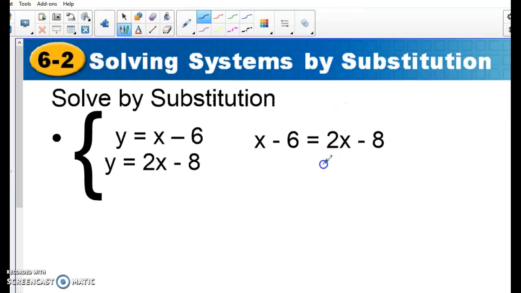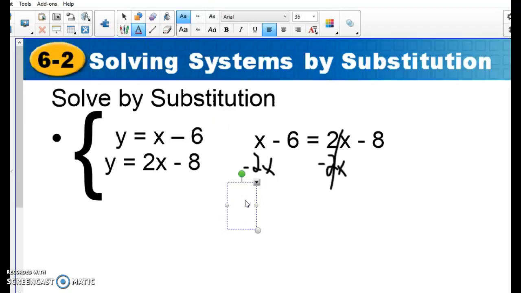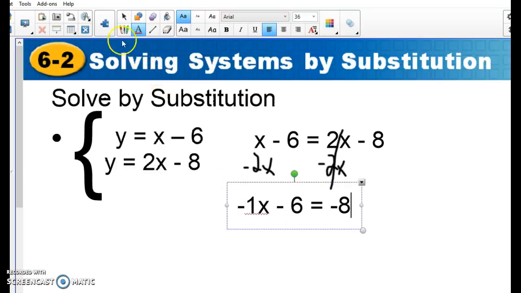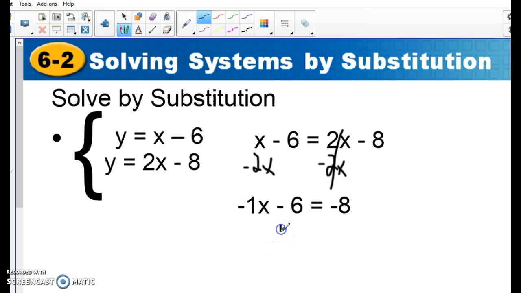This is a positive 2x, so I'm going to subtract 2x from both sides. Now I have x minus 2x, which is a negative 1x, minus 6 equals a negative 8. I need to get rid of that minus 6, so I'm going to add 6 to both sides.